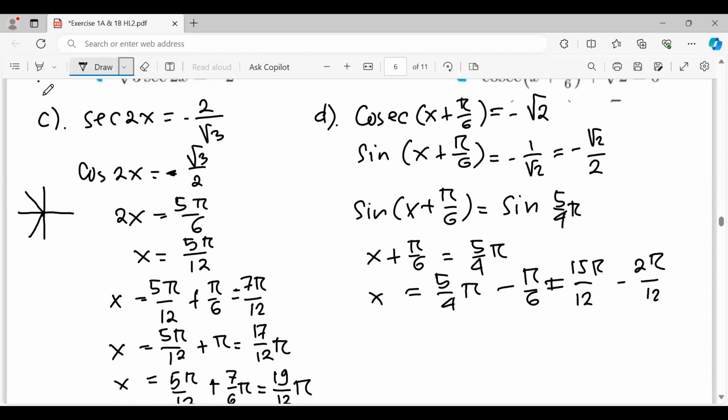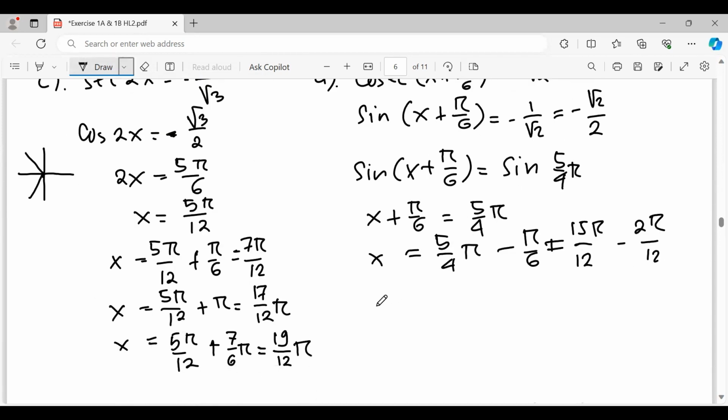I'm going to scroll down. So x equals 13 over 12 π. This is the first one.